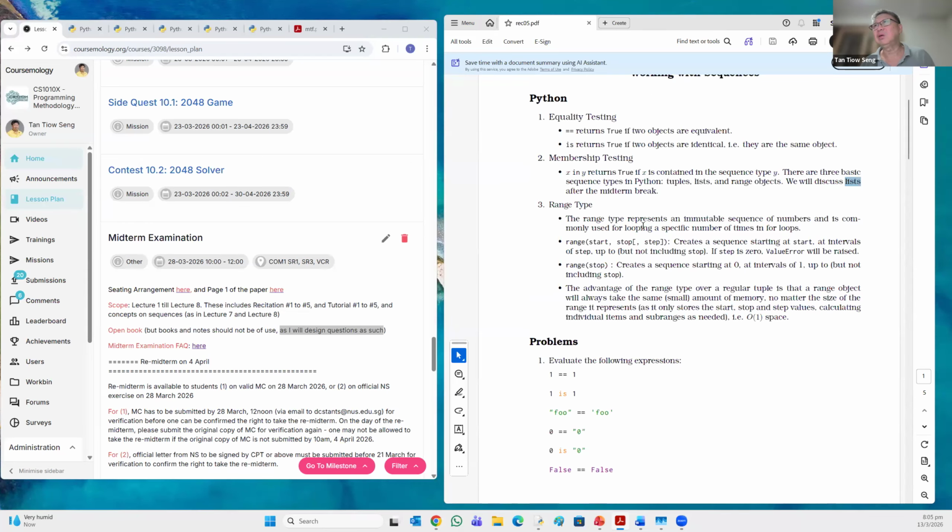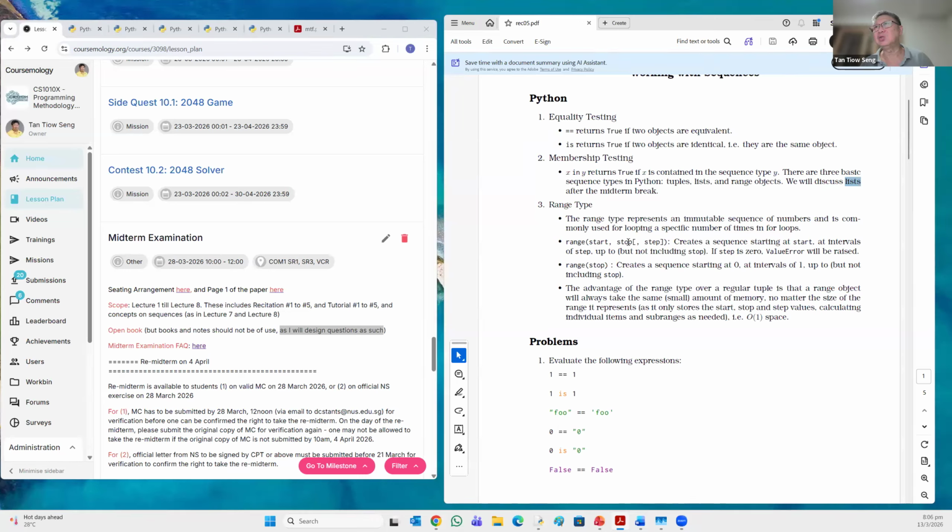The range type is an immutable sequence of numbers, and it's commonly used for looping a specific number of times. The range has 3 numbers. The third number is optional. If you have it, then it will be used. If not, then the step is assumed to be 1. And then either this or this.